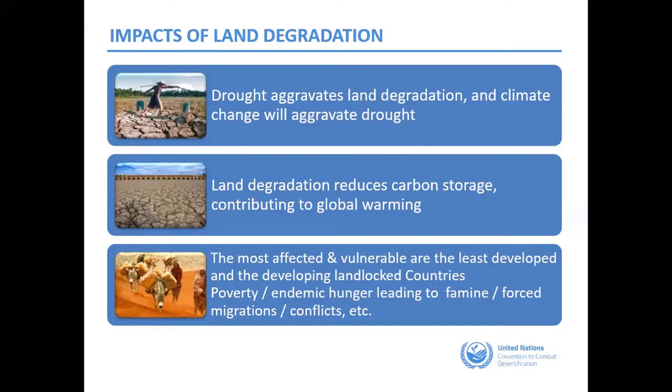In that sense, land degradation is very much central to many of the sustainable development goals. It links to biodiversity, it links to food, it also links to security, because we do see that there is a strong link between conflict, forced migration, and land degradation.